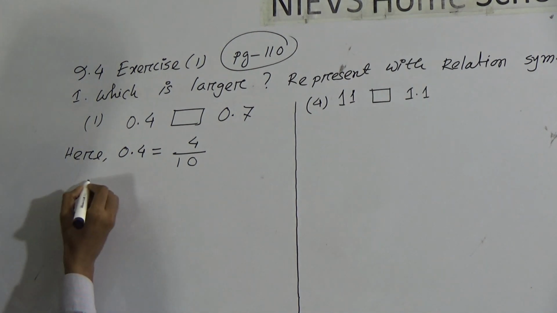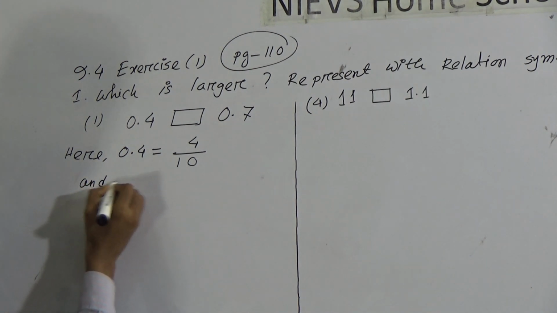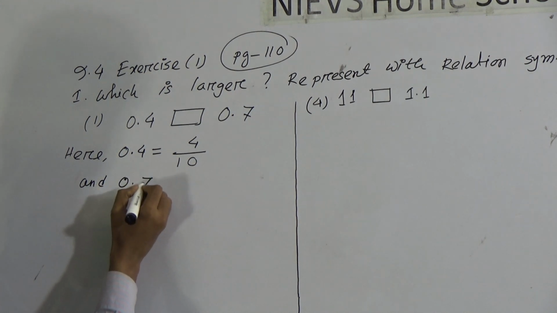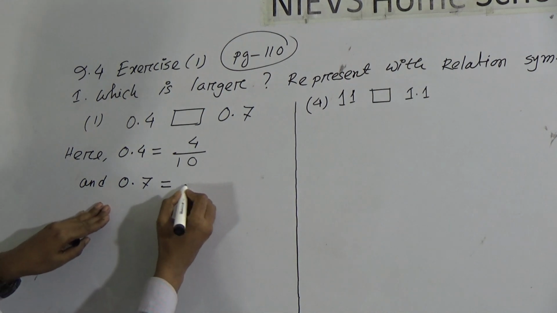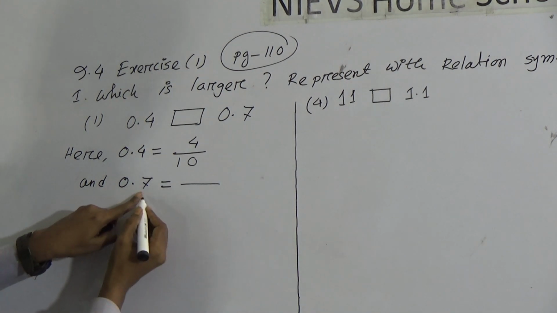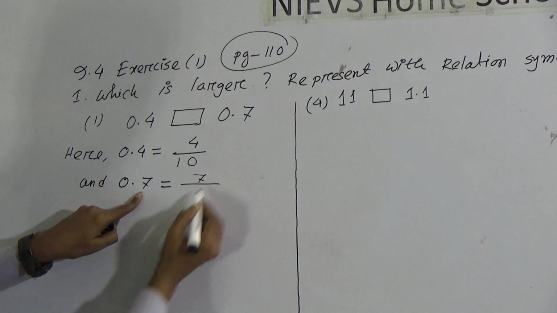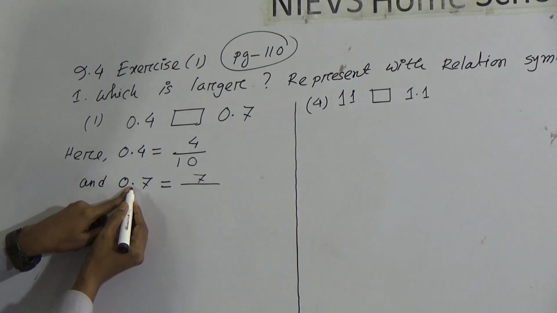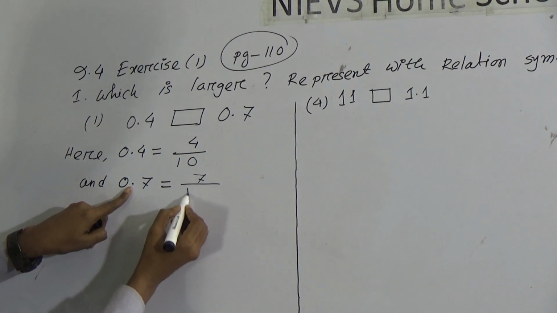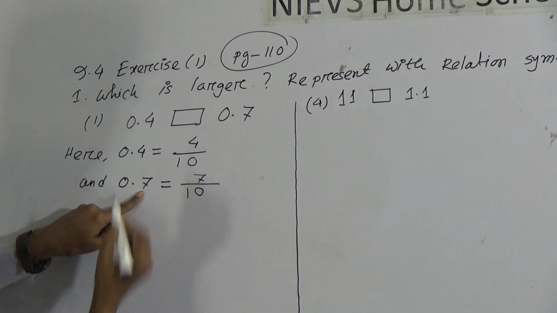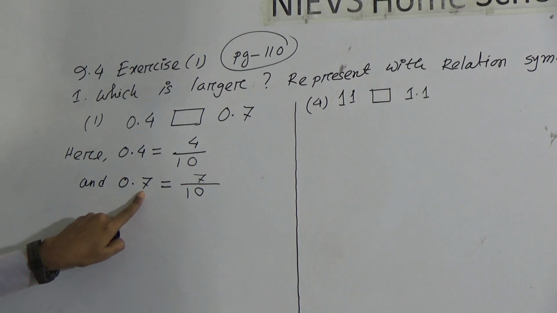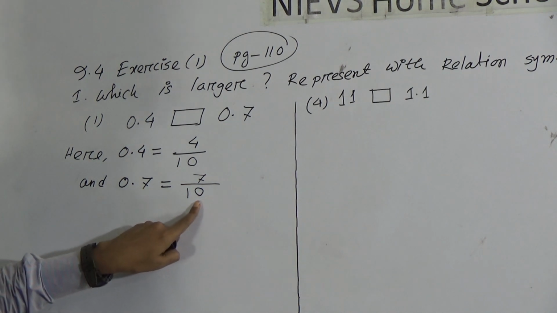Again, 0.7. At first you give this bar line 7, right here 7. For the decimal you put here 1. Then for 7 you write here 0. Not only for 7, for any number 1, 2 you write here 0.